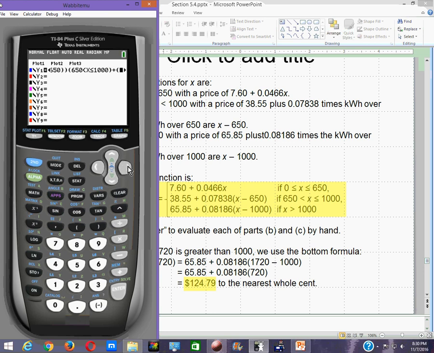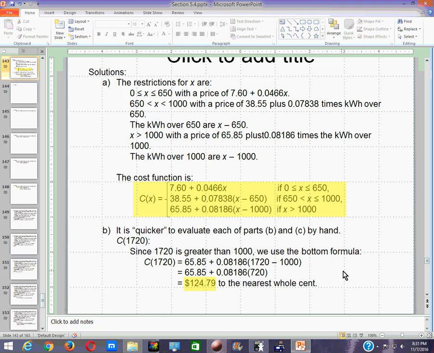Okay, it's the greater than 1,000 part that's doing it. 65.85 plus 0.8186 times x minus 1,000, times x greater than 1,000, right? Guess we'll never find it.